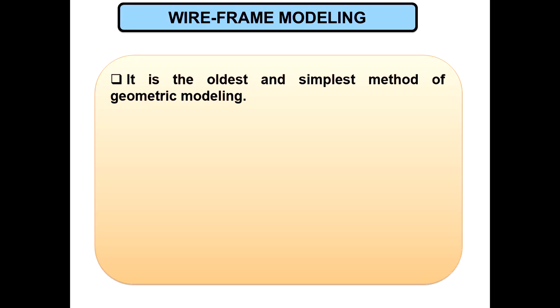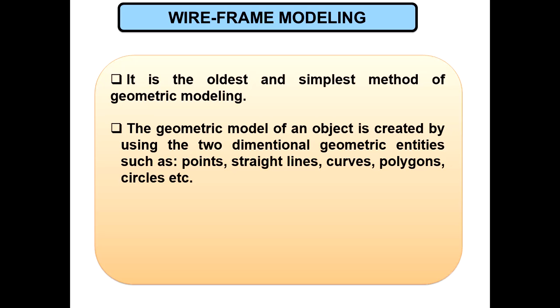So let's see first the wireframe modeling, then we will go for the surface, and then finally the solid modeling technique. Wireframe modeling is the oldest method of modeling, and it is a very simple method for geometric modeling. Geometric modeling of an object is created by very simple entities, that is, the two-dimensional entities like points, lines, curves, polygons, circles.